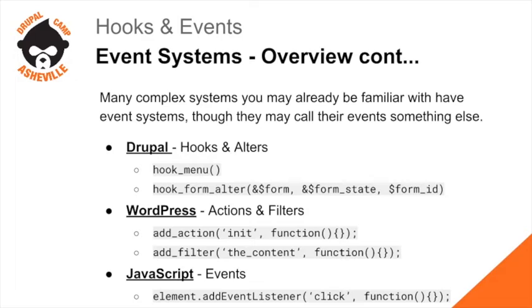So if we were working with the wacky module and I wanted to implement hook_menu, then I would write wacky_menu. And Drupal would automatically detect that function. And whenever the menu event was broadcast throughout the system, my custom hook, wacky_menu, would be executed. That way the system can trigger code that's being contributed by other things.